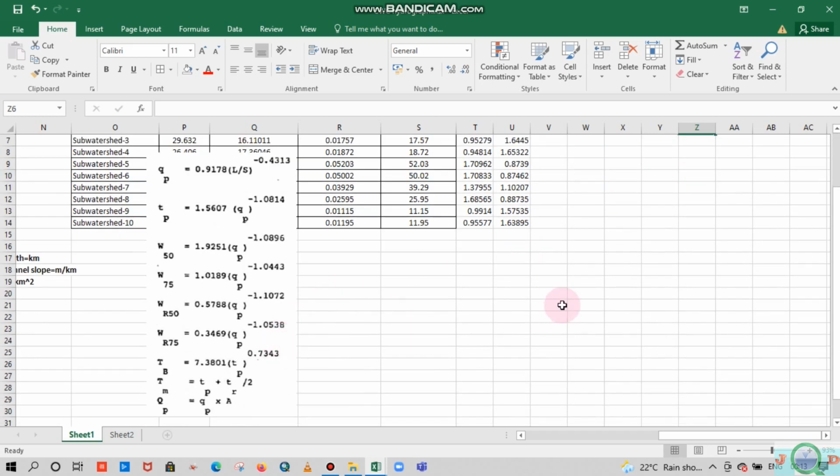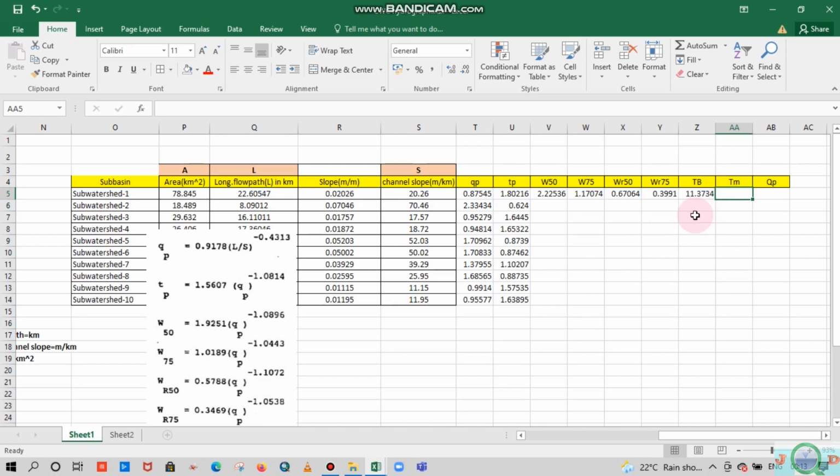So now find the Tm. Tm is Tp plus Tr by 2, where Tr is 1 hour interval.